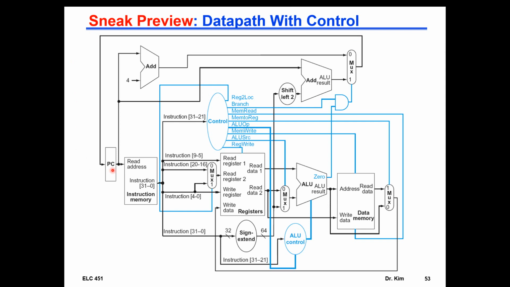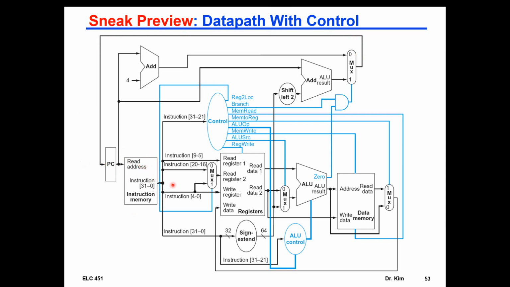If we don't take the branch, then we're just going to execute the next instruction, and that takes this path here. We get the program counter, add 4, because the next instruction is 4 bytes above, and we're going to go through this input, and that's going to be the next instruction that we fetch from the instruction memory.